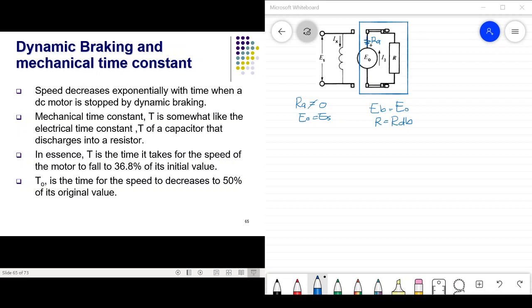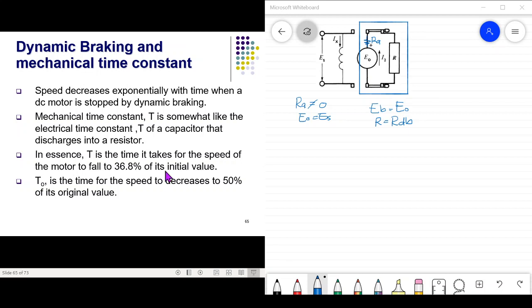In essence, T is the time it takes for the speed of the motor to fall to 36.8% of its initial value. However, it is much easier to draw the speed time curve by defining a new time constant T0, which is the time for the speed to decrease to 50% of its original value.